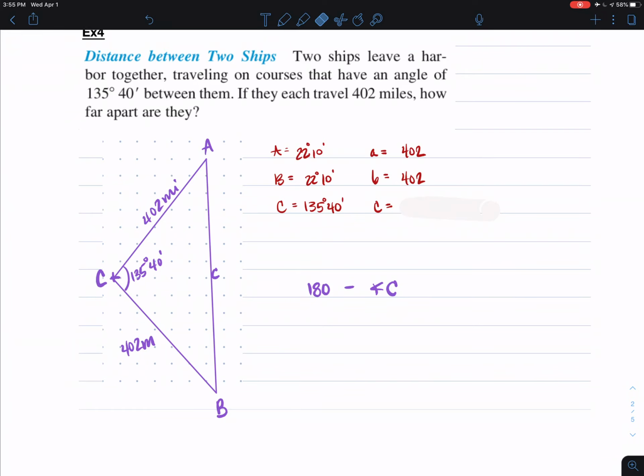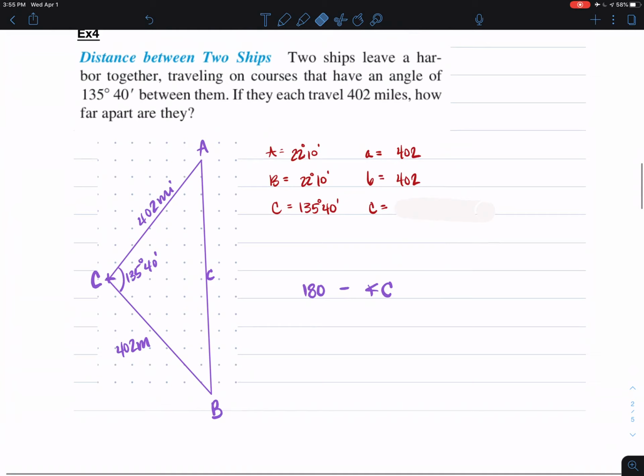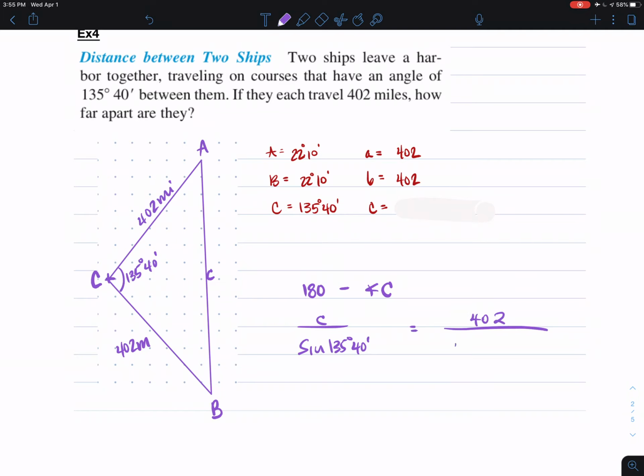Okay. So now it's pretty easy to see that I can set up my law of sines, which I also did not show you here. If I set up my law of sines, I would use the C fraction and one of the other two fractions. They're identical. And so I would have side C over the sine of 135 degrees 40 minutes is equal to side 402 divided by the sine of 22 degrees 10 minutes.